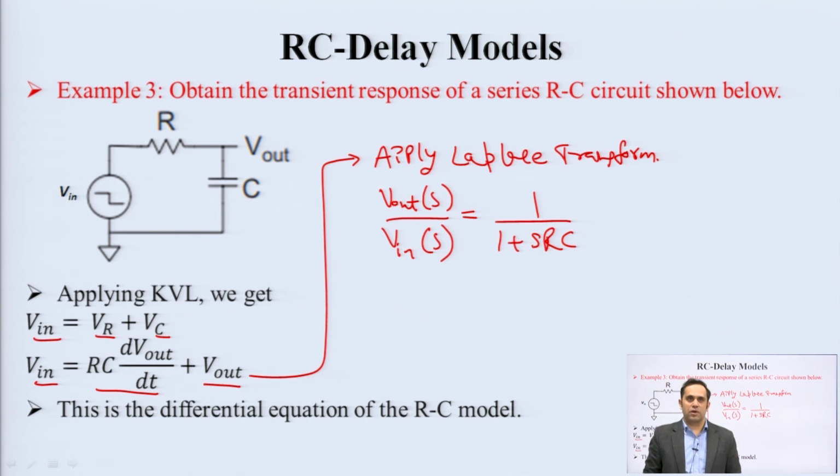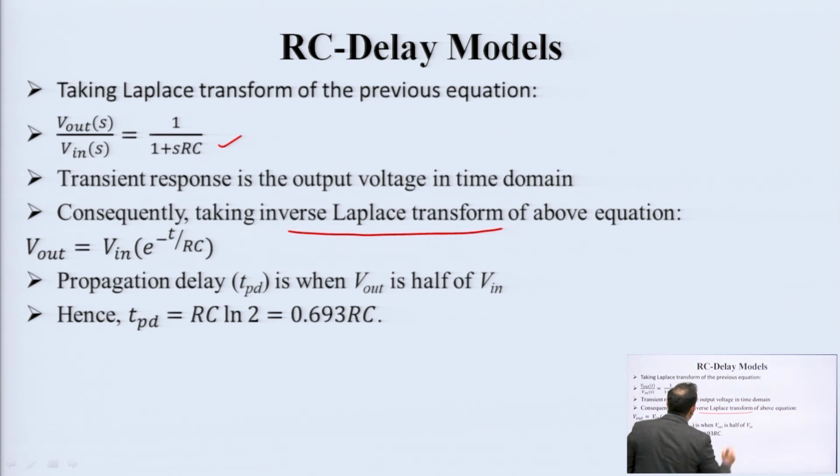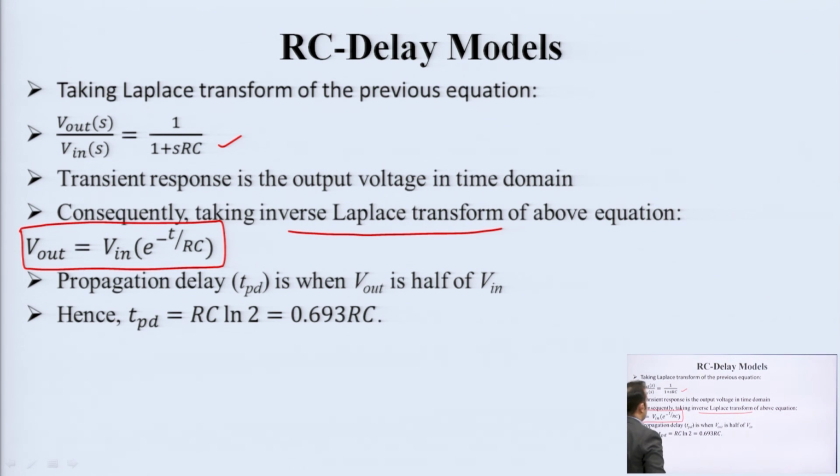The transient response, in principle, is nothing but the output voltage in the time domain. So, I apply the inverse Laplace transform to obtain the transient response. I get an equation like this, which tells me that my output voltage is exponentially decaying, and that decay can be controlled by either RC or V in.